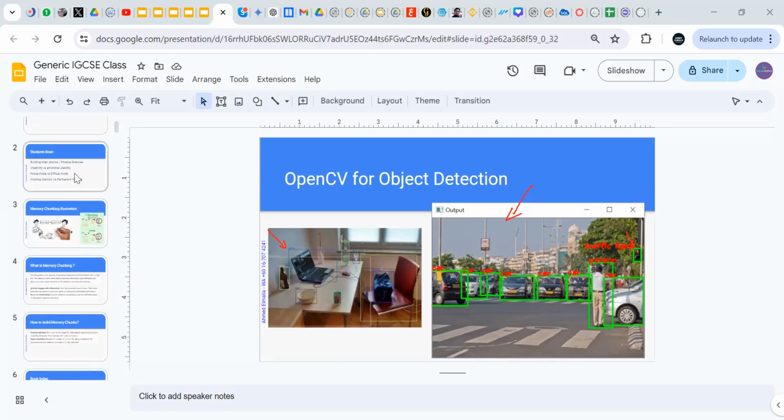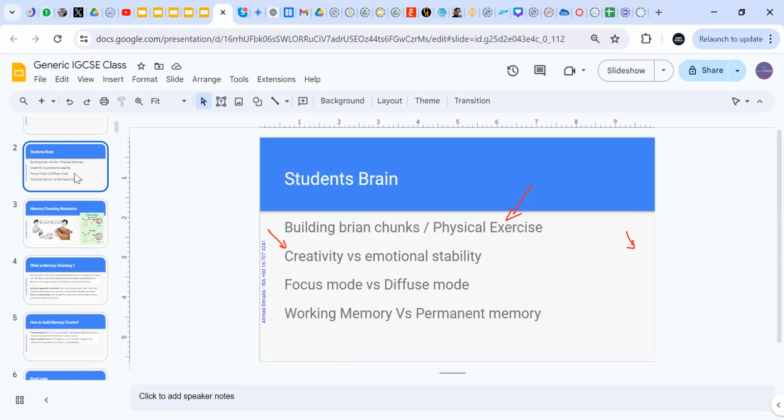So today let me give you something that will help you not only with computer science, but with studying in general. If you want to make information stick in your mind, you have to learn about brain chunks and how to use them to make information stick.